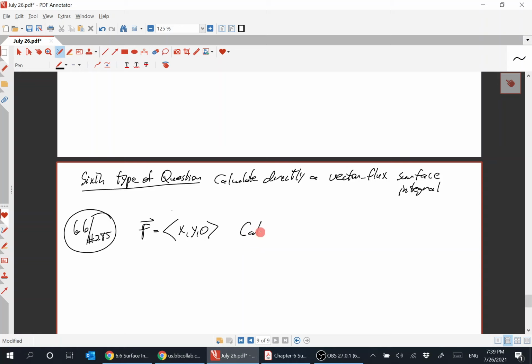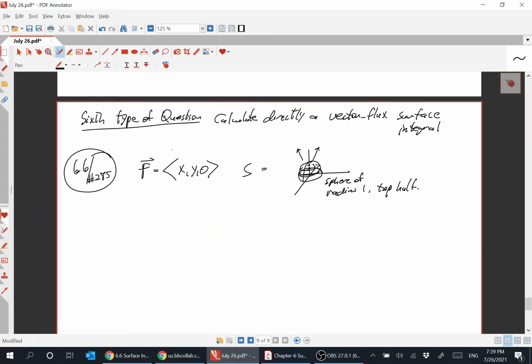So calculate, and S is equal to the sphere of radius 1, just the top half, oriented upwards. Of radius 1, top half.